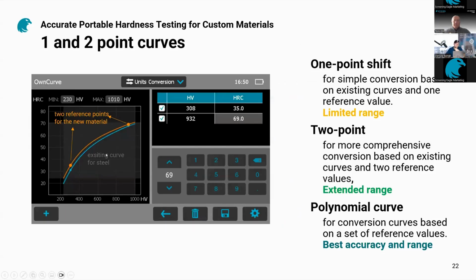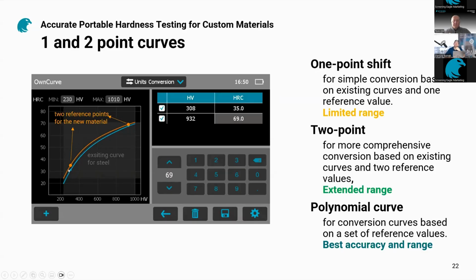Here on this slide, you see an interface from our device, but I'm using it because it shows clearly what is really happening. The teal curve you see here is the existing curve for a material, and those two orange points are the same material measured externally with the benchtop device. In this table, you're simply comparing those values. Let's take the first one here, which is 308 Vickers. Typically, without correction for this specific material, it would be around 32 HRC.